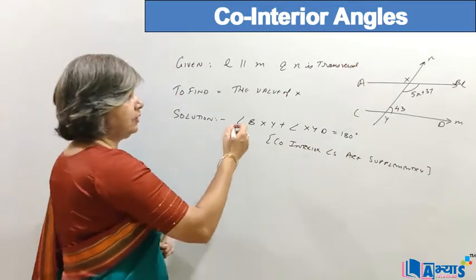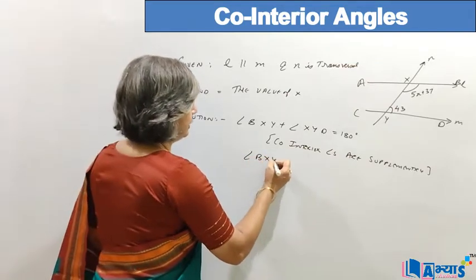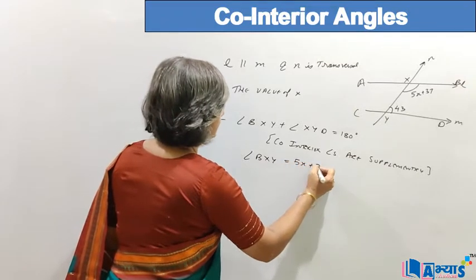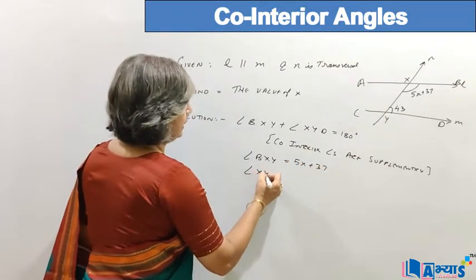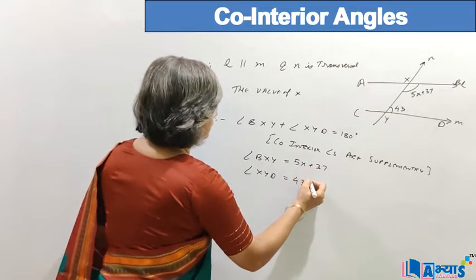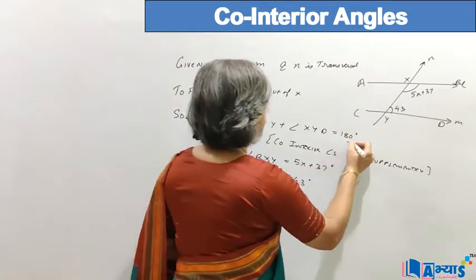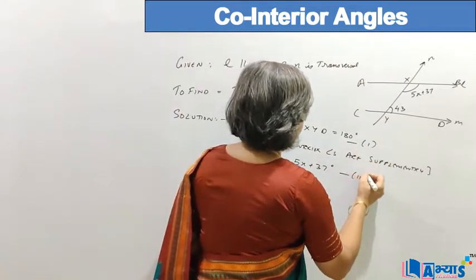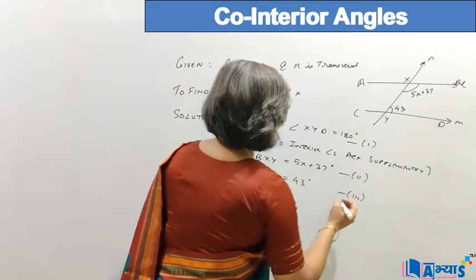Now, we know that angle BXY is equal to 5x plus 37 and angle XYD is equal to 43. Let us mark these as equations 1, 2 and 3.